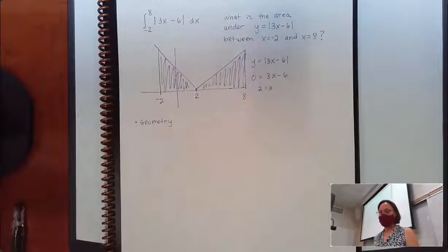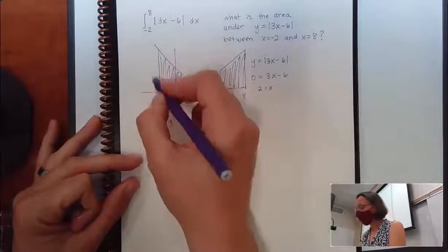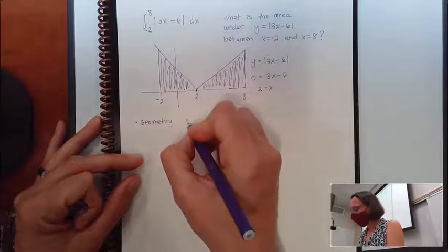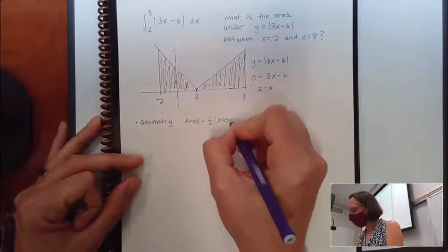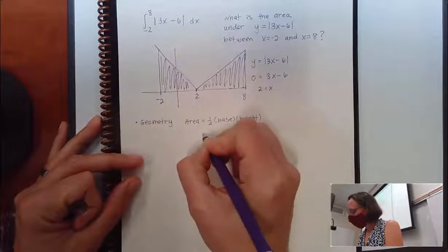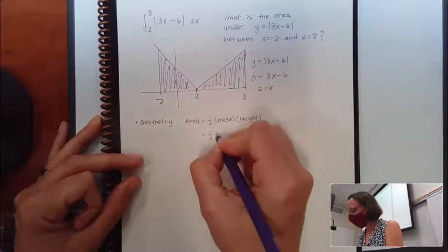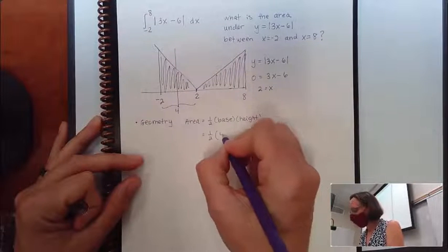But for 16B, our textbook goes geometry style and says, great, that first triangle, well, if I want to get the area, it's 1/2 the base times the height. So for that first triangle, I'd have 1/2. My base here is 4.